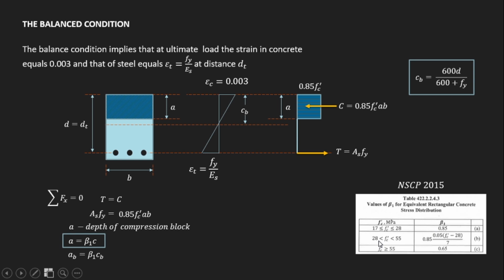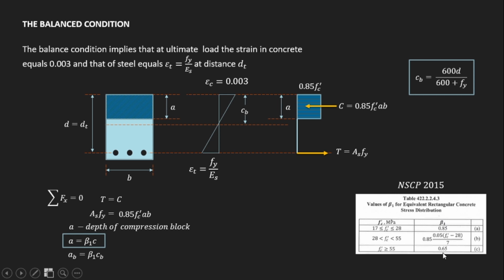Pero yung range naman niya is greater than 28 megapascal to less than 55 megapascal, yung gagamitin natin na formula for beta 1 is 0.85. Dapat dito guys may minus, this typo lang. So, 0.85 minus 0.05 times (fc prime minus 28) all over 7. That may minus sign dyan. So, typo lang yan.